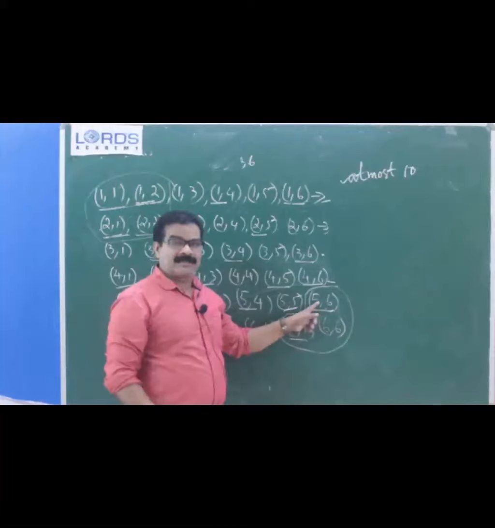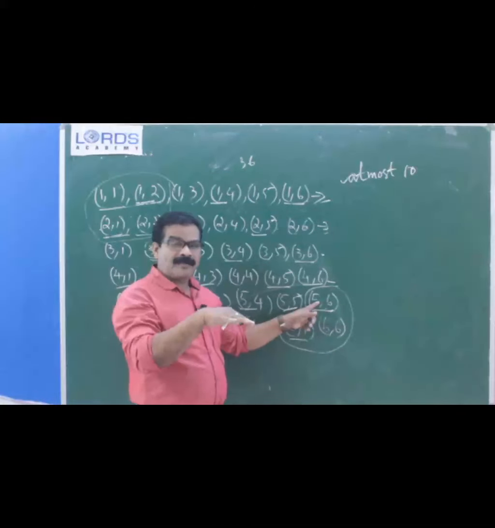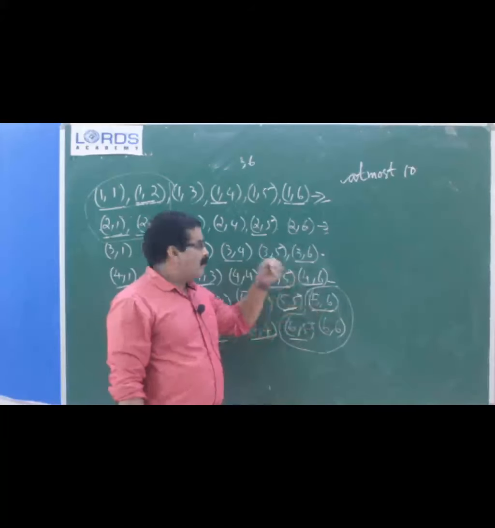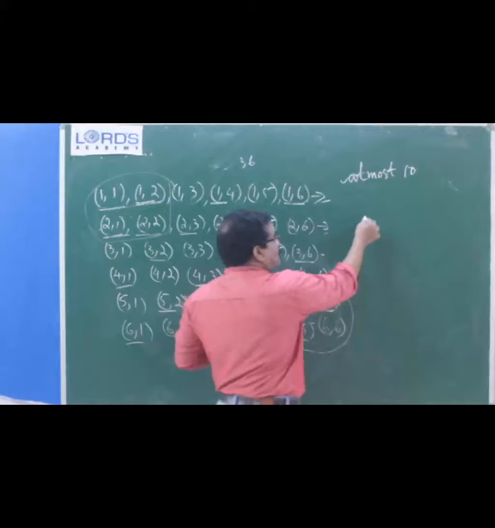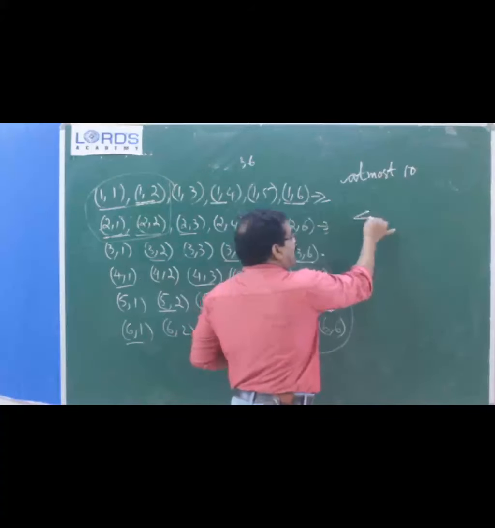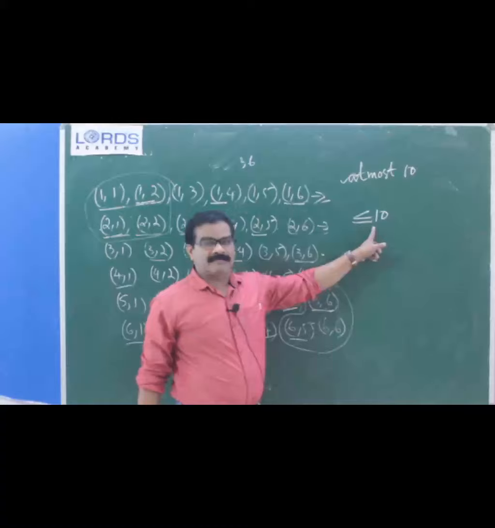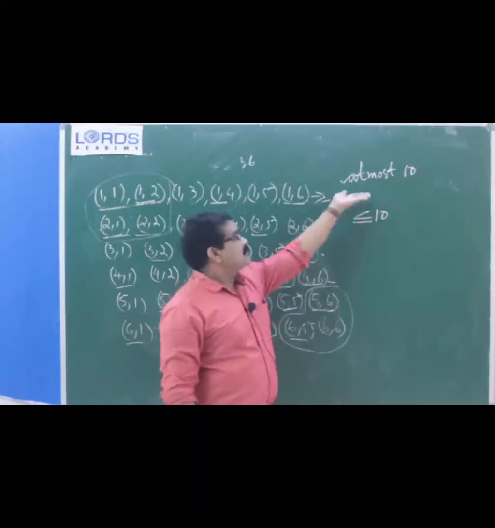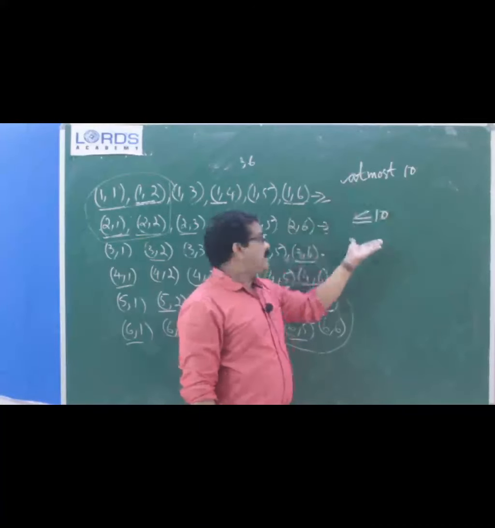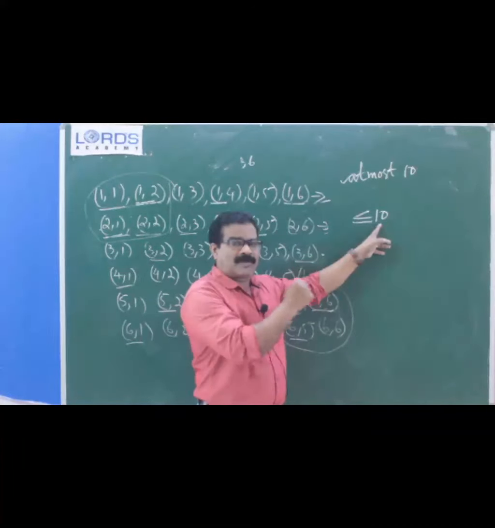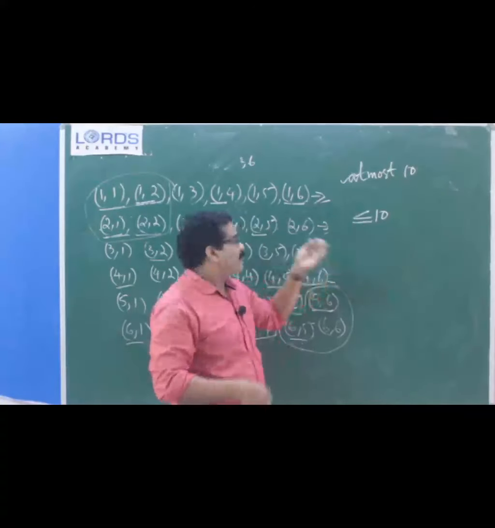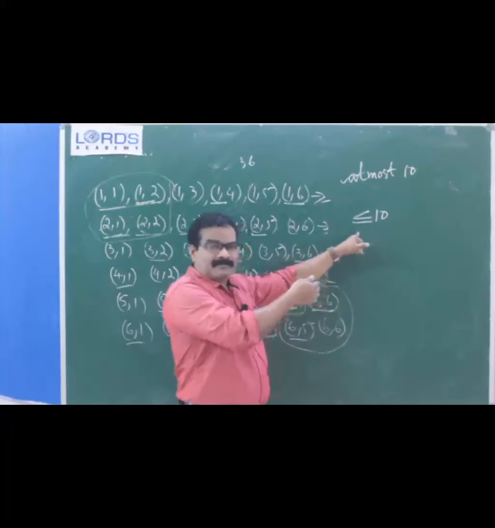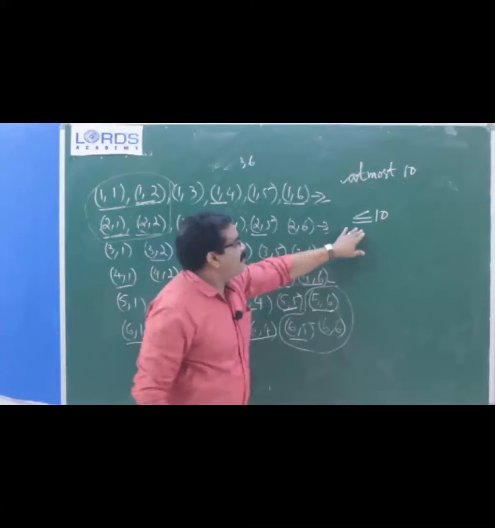Our condition is that there should be a maximum of 10. Or you can think of it like this: the sum should be less than or equal to 10. That is what at most means. What is the meaning of less than or equal to 10? We can take 10 and the other pairs.